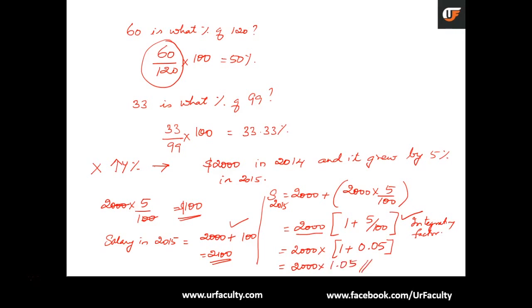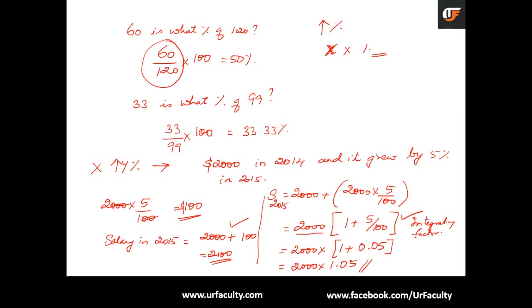So to simplify the whole concept, I'm going to write it over here. When there is an increase in value by a certain percentage, all that you have to do is multiply that x into 1 point that percentage value.